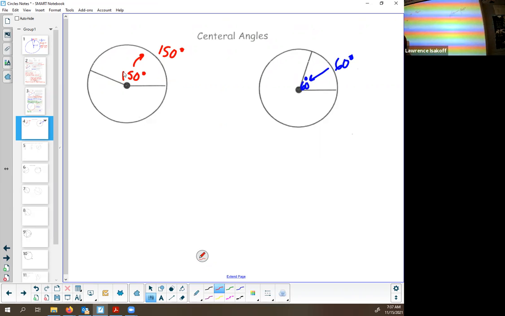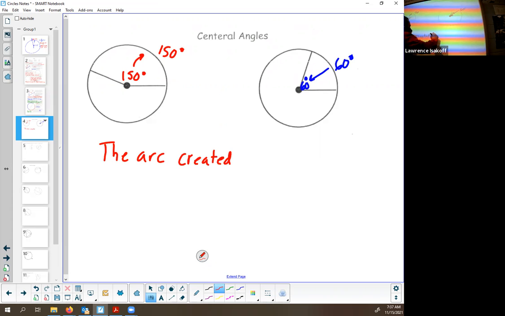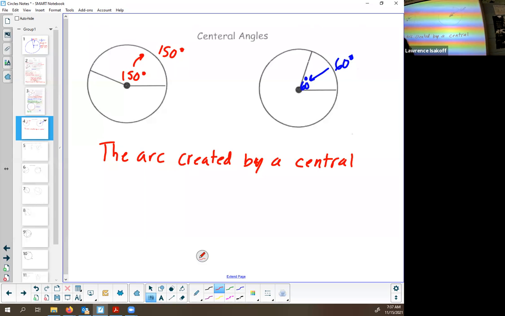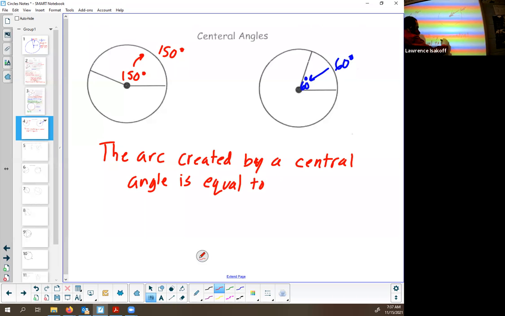So a very brief summary of this. This is our big idea. We're going to do more with it than just, oh, that's what it is, but that's going to take us where we need to be. The arc created by a central angle is equal to the angle.